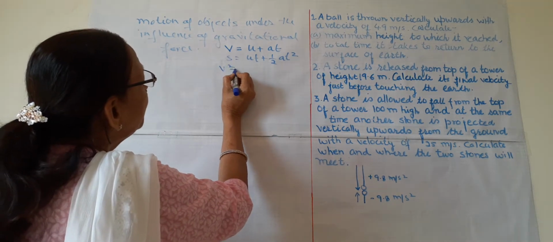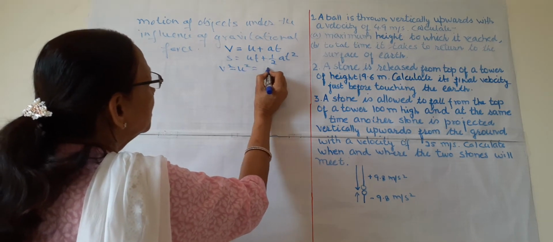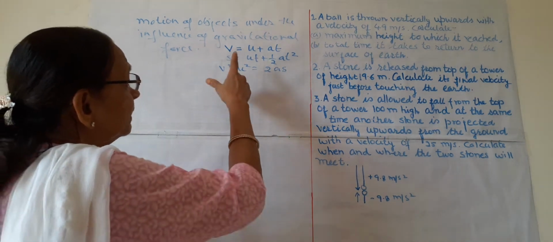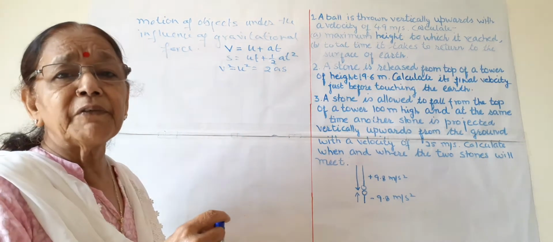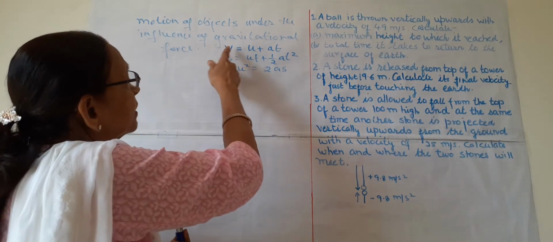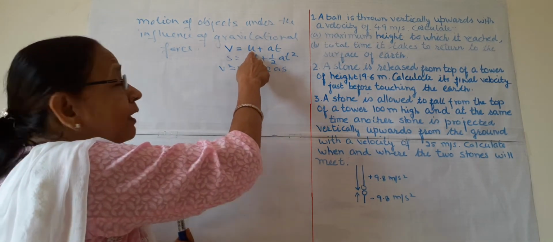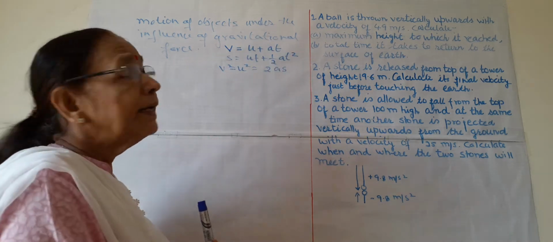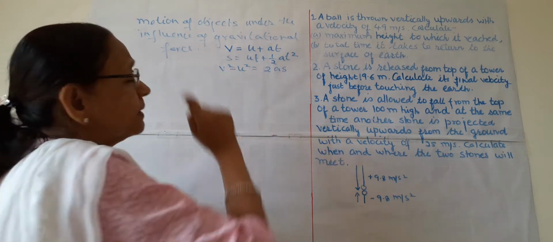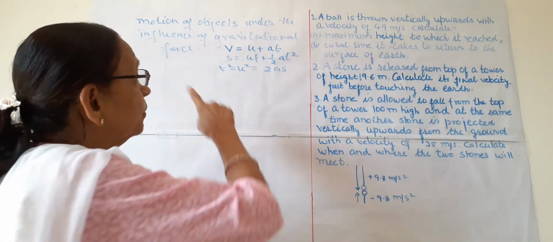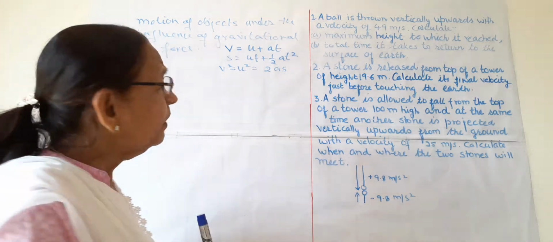And then v square minus u square is equal to 2as. These are the 3 equations of motion of Newton. v is final velocity, u is initial velocity, a is acceleration, t is time, and s is displacement or distance. So these are the symbols.